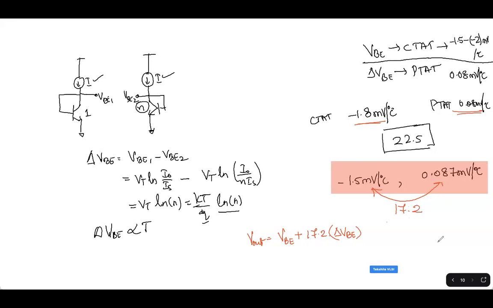Okay, that's the slope that I was talking about. What is del VBE? Del VBE is nothing but VT ln N. Right, so we can go ahead and say it is VBE plus 17.2 times VT ln N. Now we understood that del VBE is the PTAT voltage.